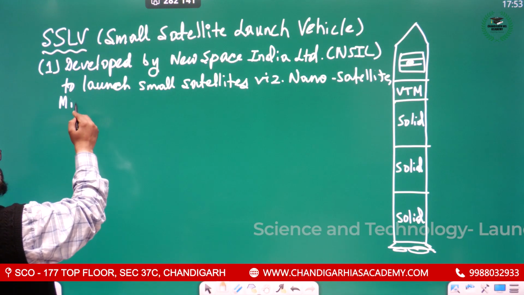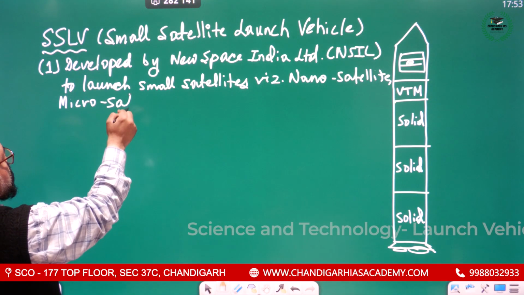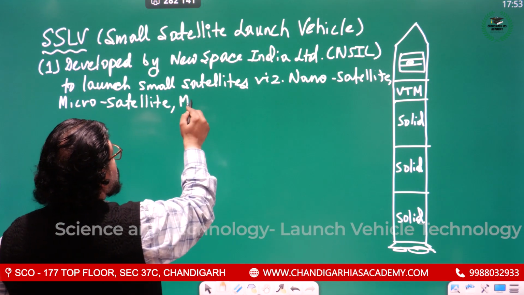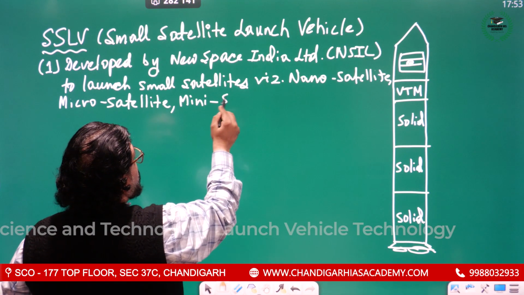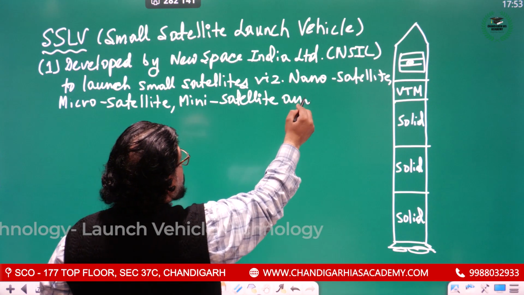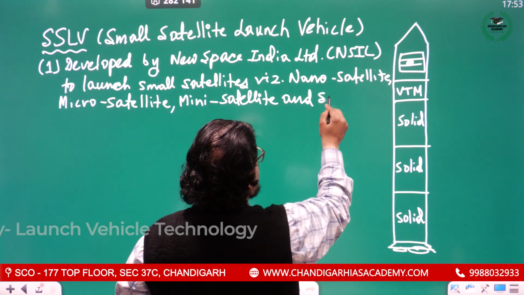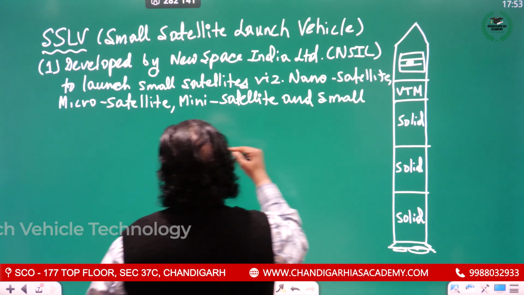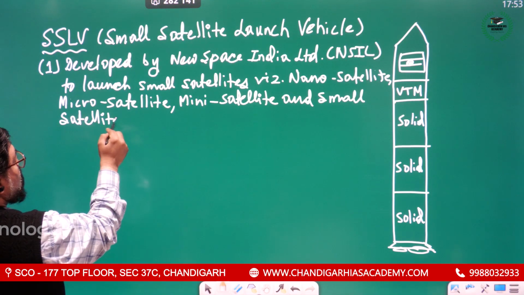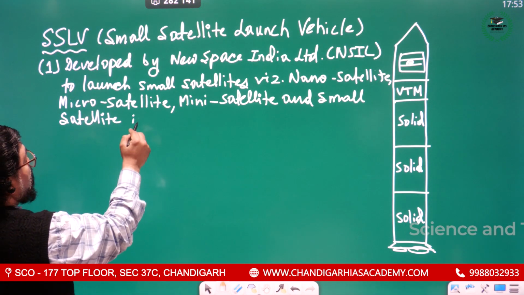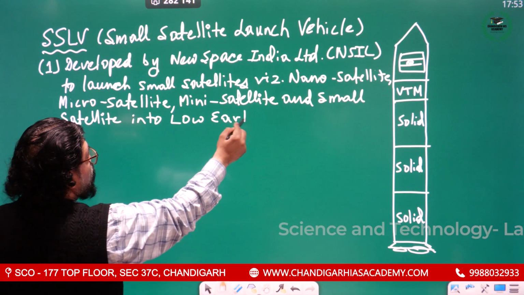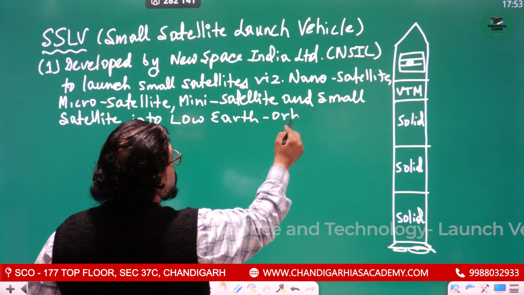Then micro satellite, mini satellite up to 10 to 15 kilograms, and a small satellite up to 100 kilograms. So small satellites here, and all of these can be launched into low Earth orbit.